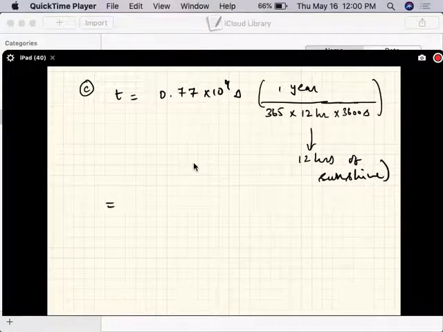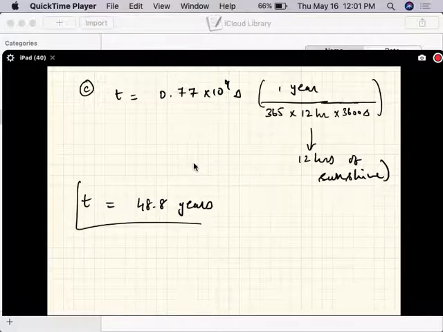So it'll take sunlight 50 years to melt this block of ice.